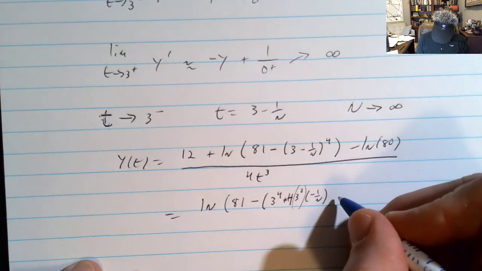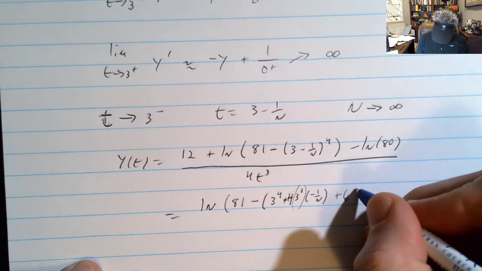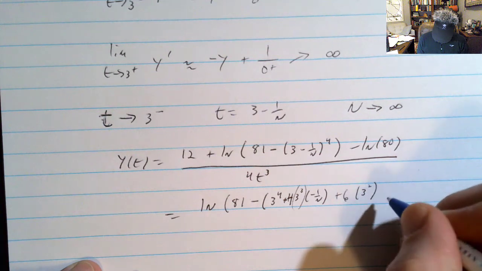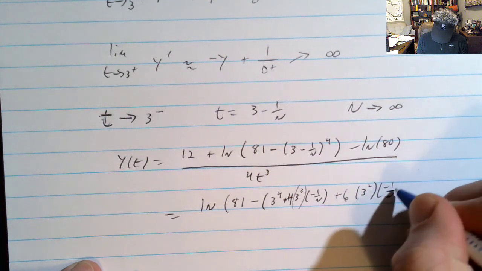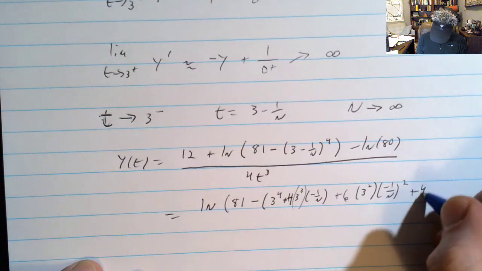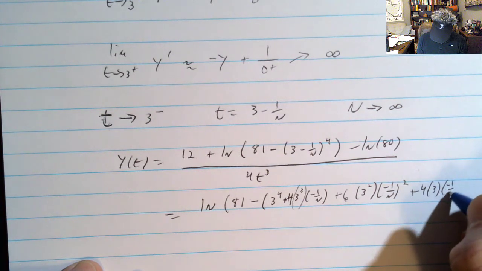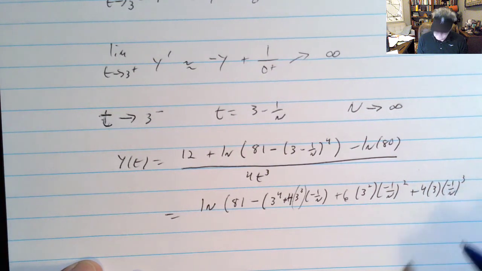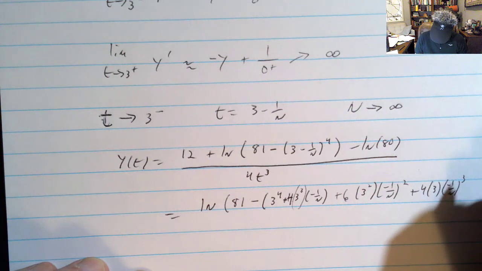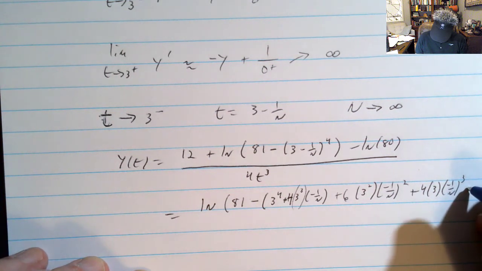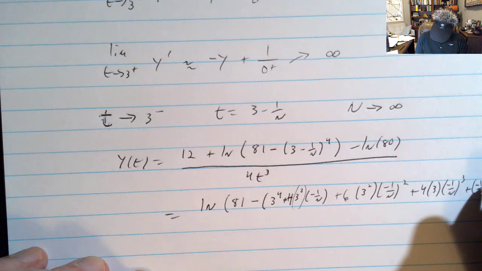And then plus 6 times 3 squared. All these terms get dropped anyway. Times negative 1 over n squared. And plus 4 times 3 times negative 1 over n cubed. And plus negative 1 over n to the 4th.